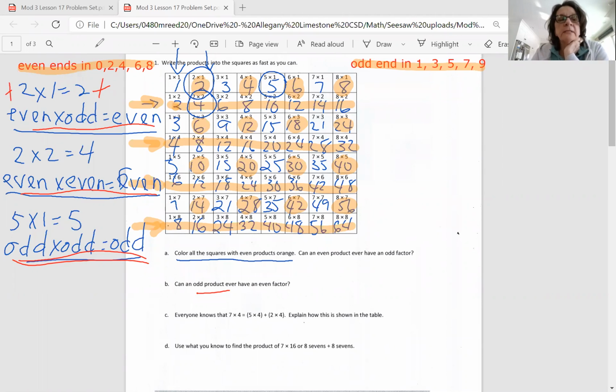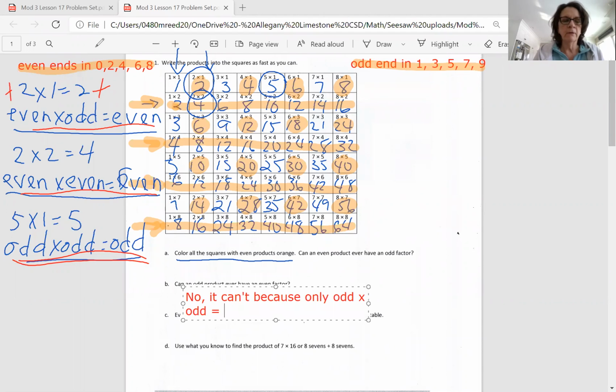And the way we got it was odd times odd. So can an odd product ever have an even factor? Our answer for that one would be no, it can't, because only odd times odd equals odd. Really important for us to understand that.